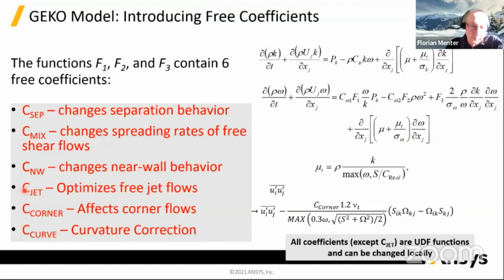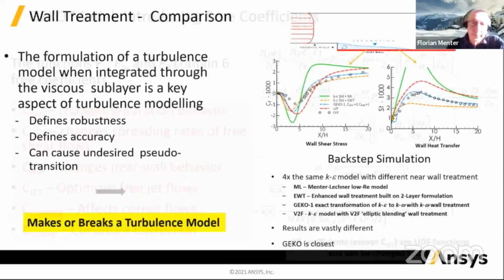And then we have one where we can control jet spreading rates. And there are others which are more general in use, corner corrections and curvature corrections. Now, all these coefficients are field variables. So they are not only constants, but they can also be accessed via user-defined functions and later on expressions, and you can change them in the entire domain according to whatever is the best value for the application.